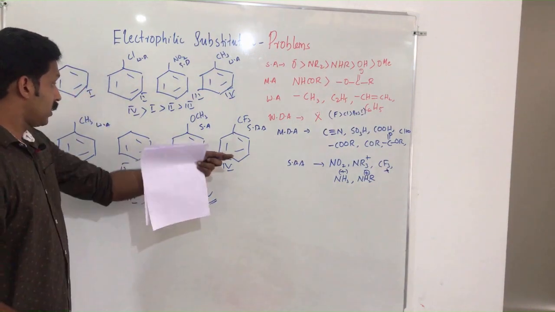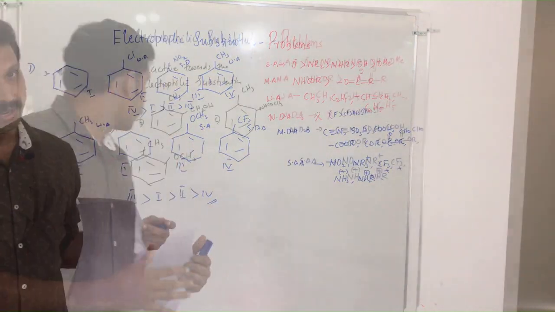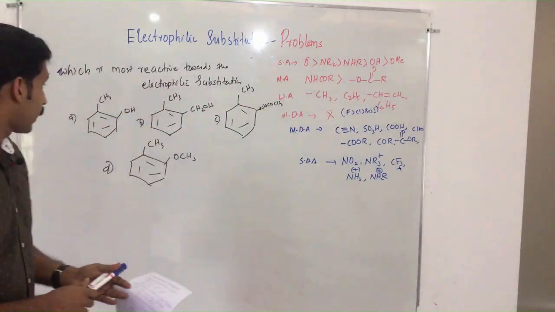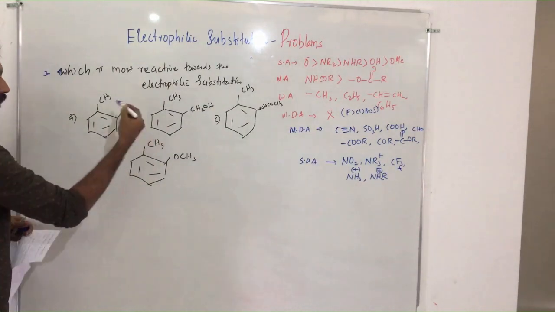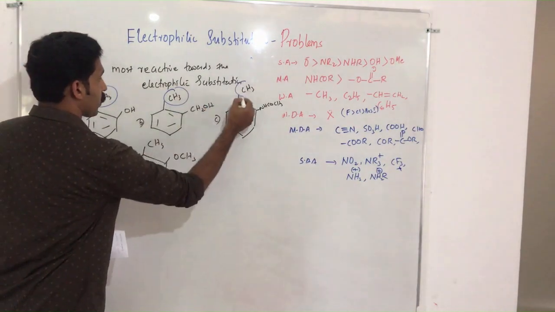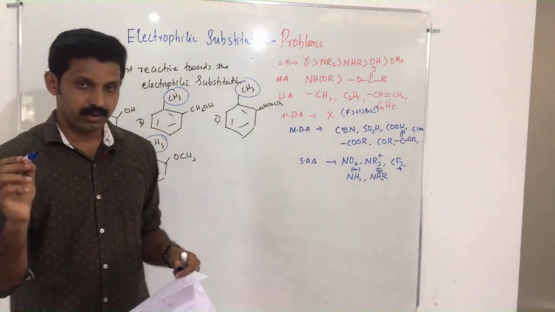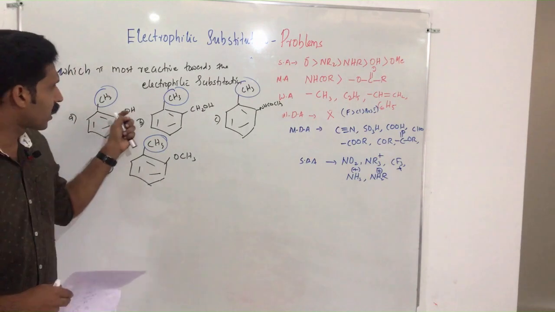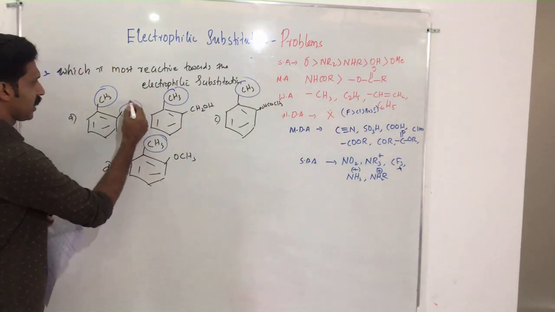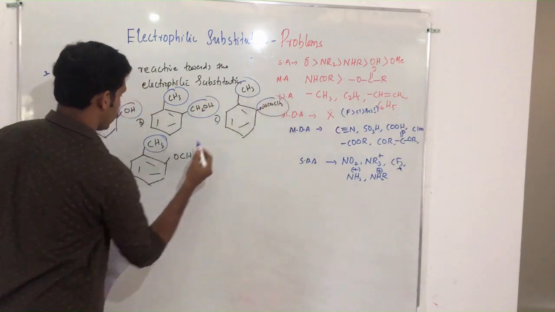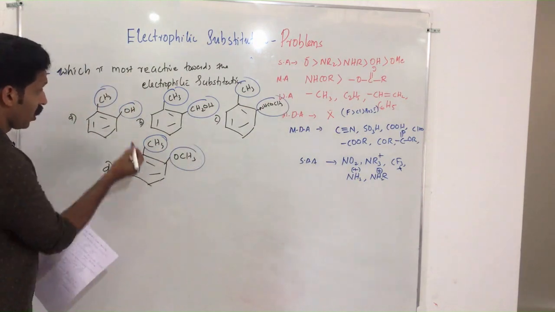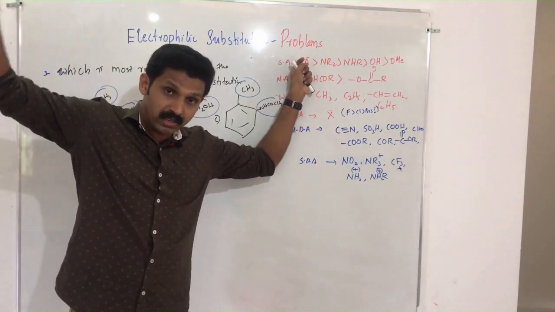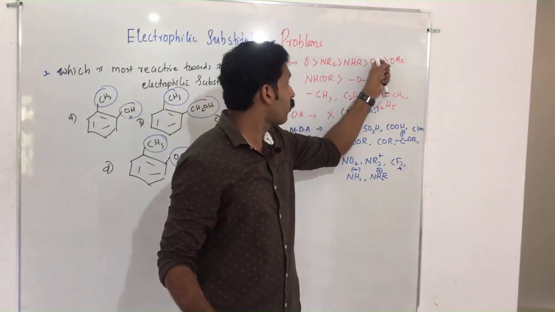For the third question, which is most reactive towards electrophilic substitution reactions? In all the cases you can find CH3, which is a weakly activating group. Therefore, there is a tie. In order to break the tie, you have to look at the other groups: OH, CH2OH, NHCOCH3 and OCH3. The OH and OCH3 groups come under strongly activating groups, and among them OH is more powerful than OMe.